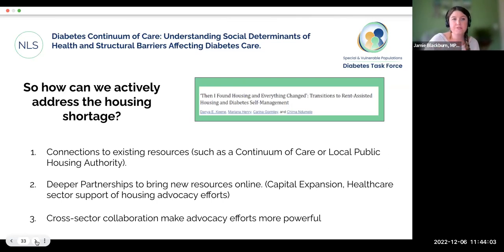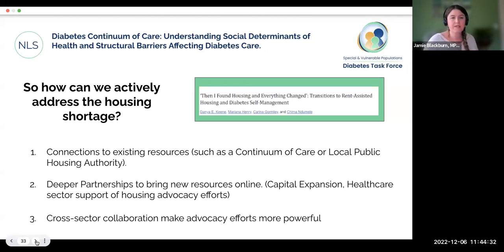So connecting to what existing resources there are in your community, such as a continuum of care, which I'll get into in just a second, or your local public housing authority. A continuum of care is for folks experiencing literal homelessness or at risk of imminent homelessness. Public housing is really more for folks that are low income, but maybe are not meeting those strict definitions of homelessness. Deeper partnerships, right?